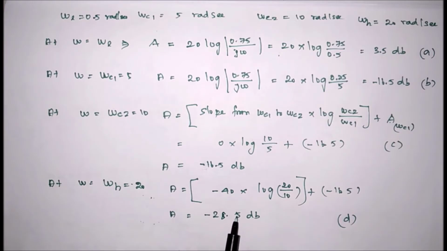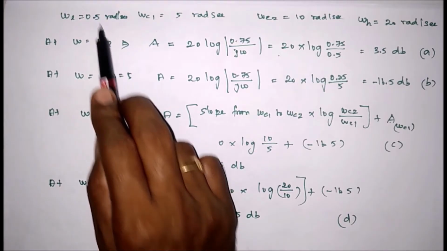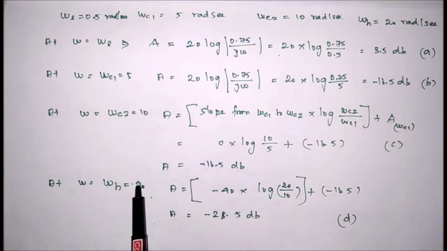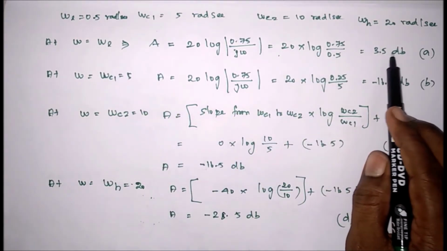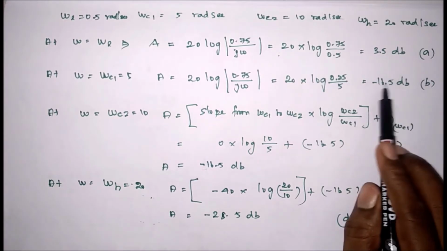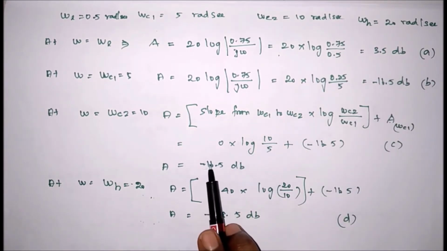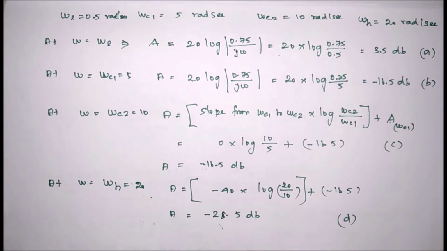We have to mark the magnitude in decibel against the corner frequencies. The corner frequencies are 0.5, 5, 10, 20, and the corresponding magnitudes in decibel are 3.5, minus 16.5, minus 16.5, minus 28.5.